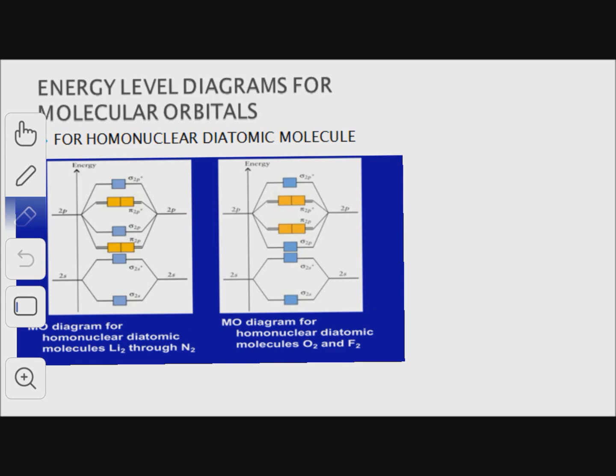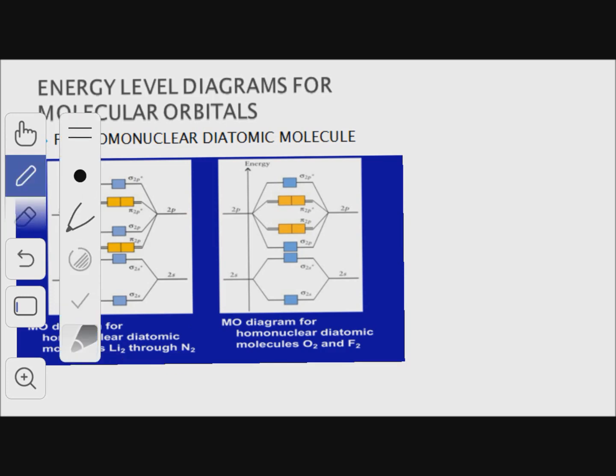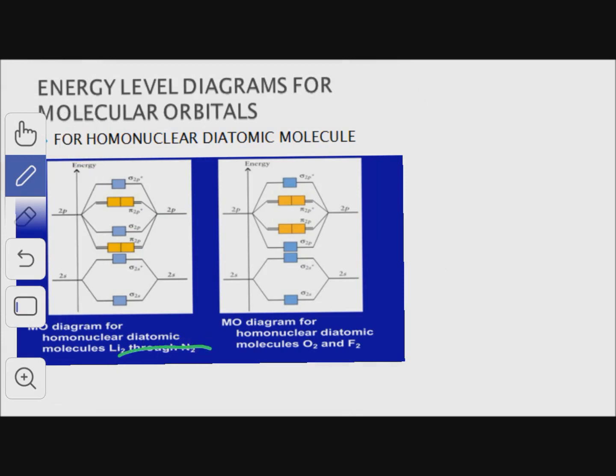In the first case, for lithium 2 to nitrogen, these are the atomic orbitals, and these boxes represent the molecular orbitals. These are lower energy molecular orbitals, which are bonding molecular orbitals, and this star represents the anti-bonding molecular orbital.